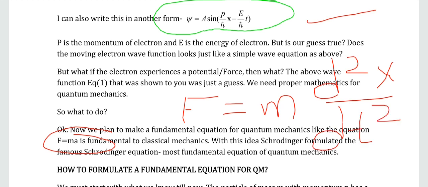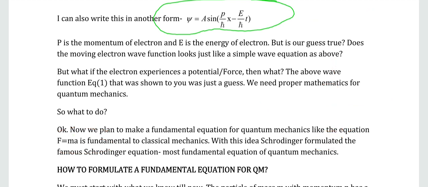It is a second order differential equation, and by solving it I can derive nearly everything of classical mechanics. So my point here is, can I have a basic equation from which I can derive the wave nature of the particle? So we set on and look forward towards a basic equation. So we continue further.